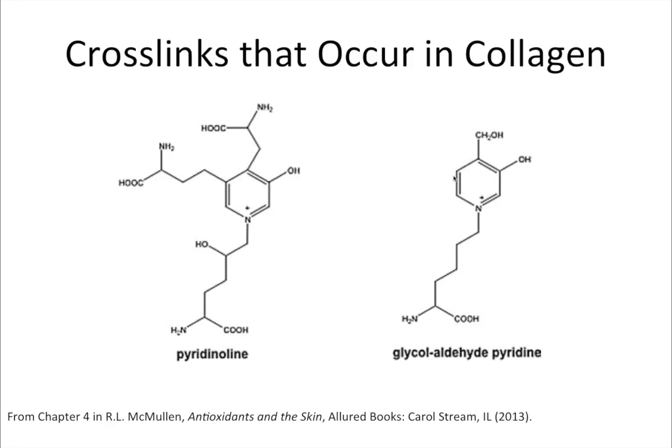What you'll notice is that both structures have this sort of aromatic type structure in the center with a nitrogen atom, and then they also both have these acid groups, carboxylic acid groups, that are on the end, and these are responsible for attaching at cross-linking points. And you also have amine functions as well. So these are both reactive points where you can attach the molecule to proteins.